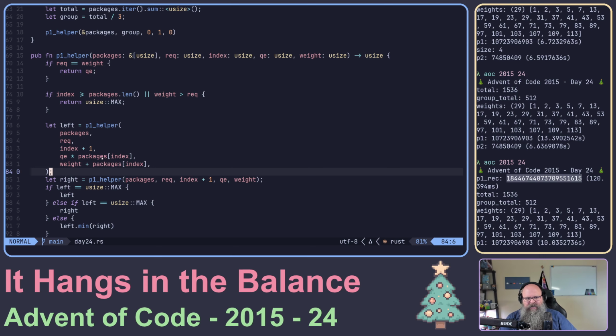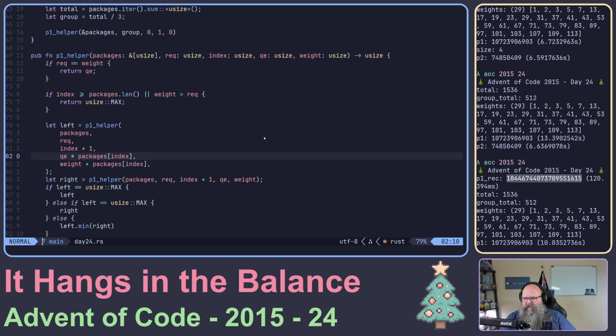I mean, I guess technically you are doing a breadth first search of the tree, but you're saying packages requires index plus 1, QE times inputs, QE weight plus that.